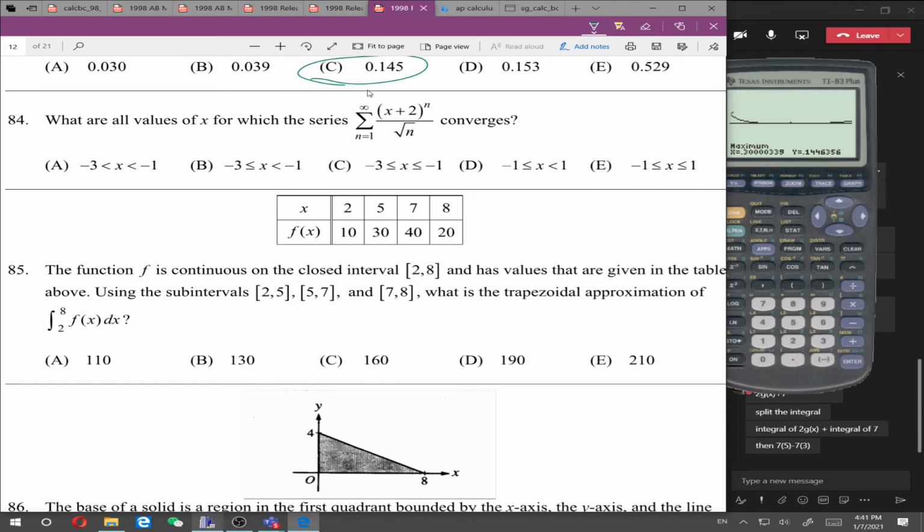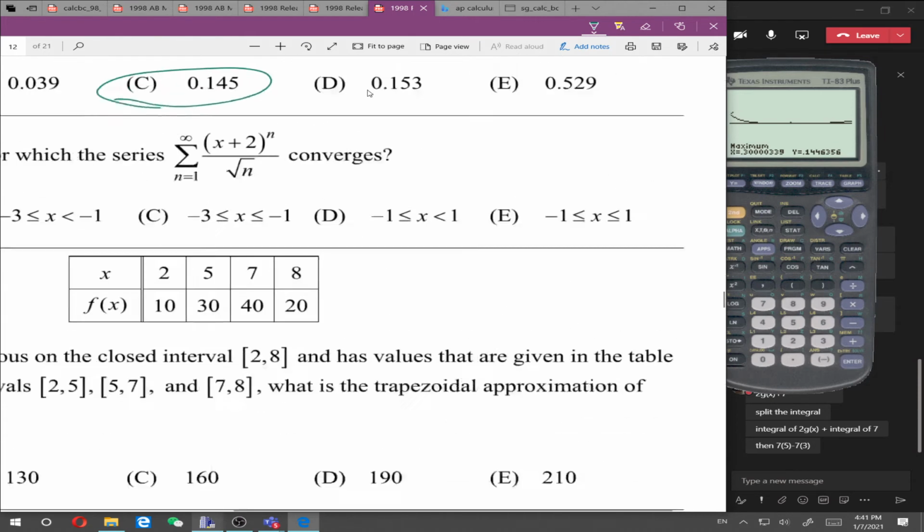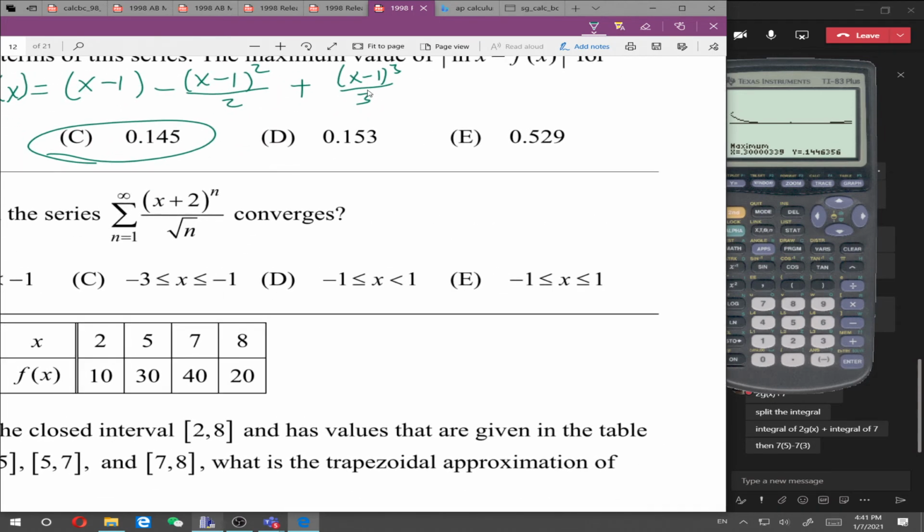Kyle, I want to know for which values this series would converge. What type of test do you think we need? I think the ratio test. Okay, ratio test. So with the ratio test, this is x plus 2 to the n plus 1 over root n plus 1.